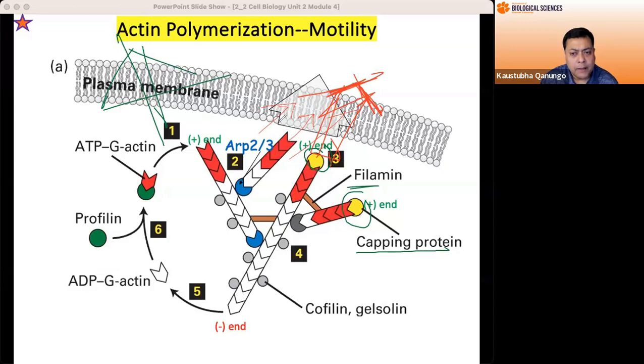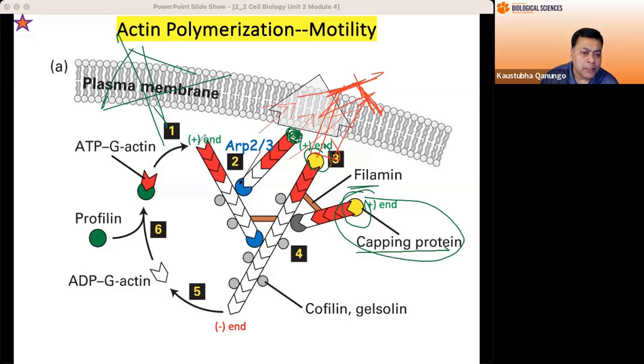In order to change the direction from this red way to this green way, all these actins add capping proteins onto the plus end. That will block the polymerization of the actin on the plus end. There will be no polymerization on the plus end.